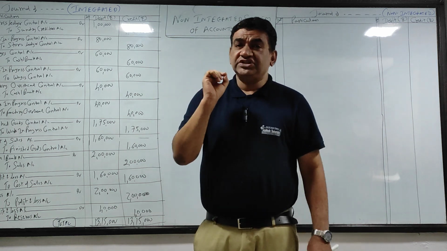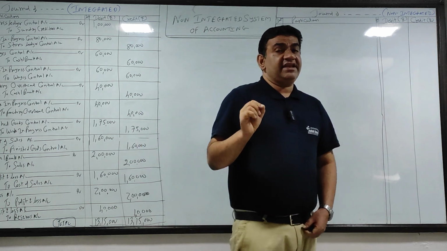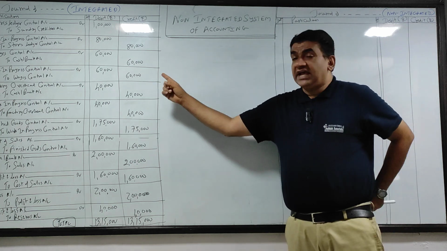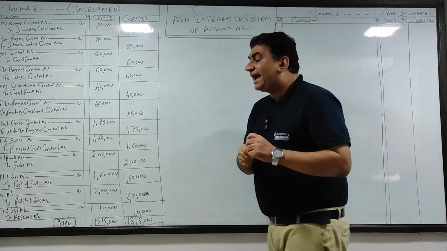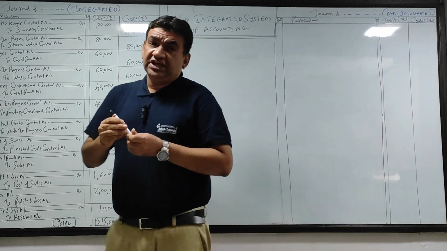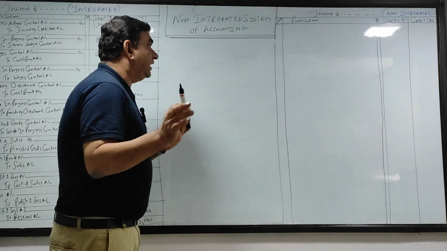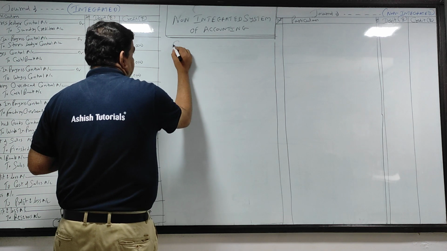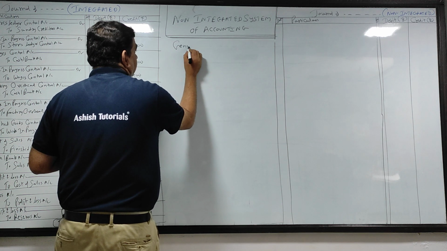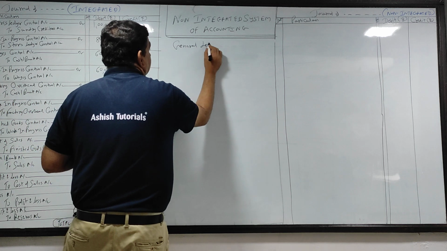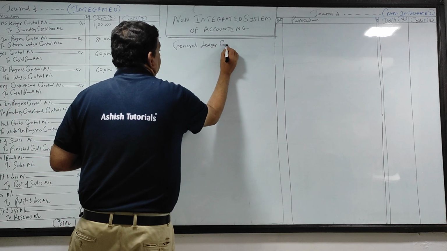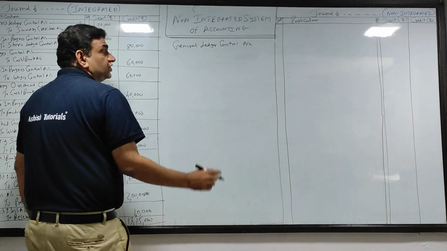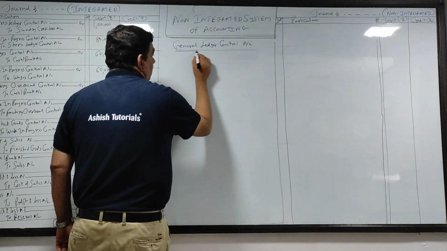There's one special account which takes care of the difference between the transactions which are recorded here, and that account, which we will now use in each and every sum, is called the general ledger control account.